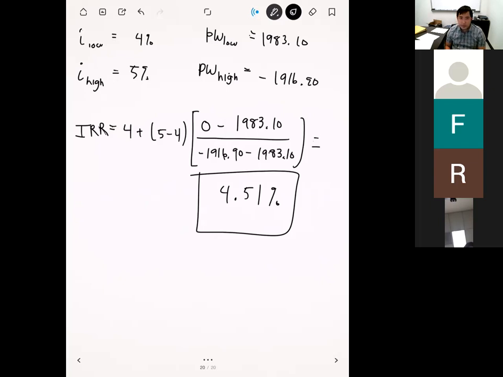Now let's talk about the interpretation. If we choose to buy the equipment instead of leasing, then it's like we're doing an investment with a 4.51% return on that investment.